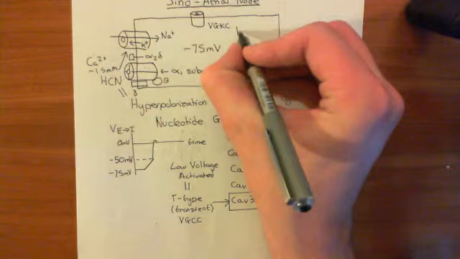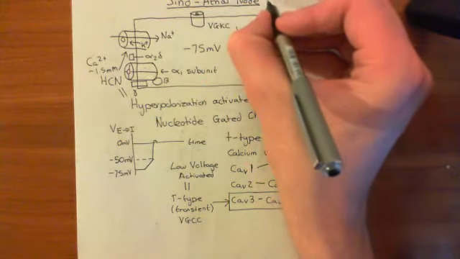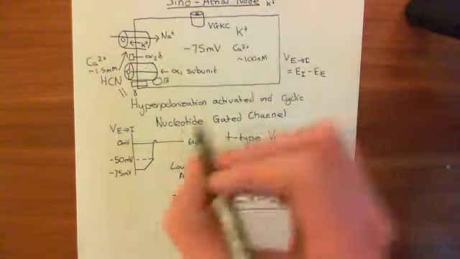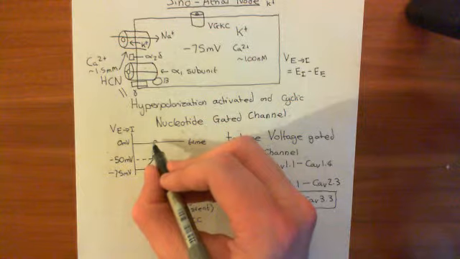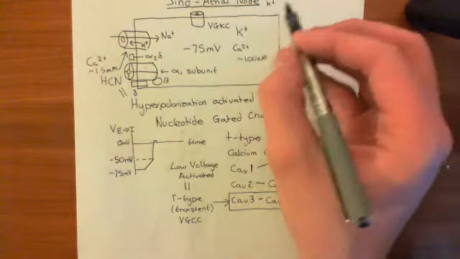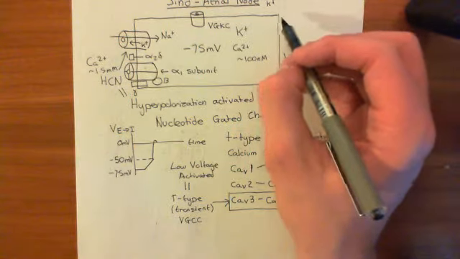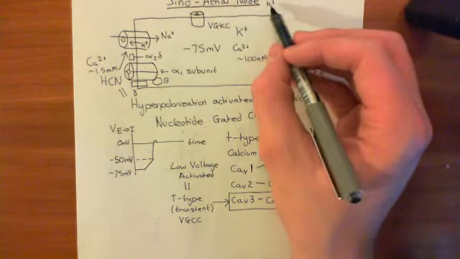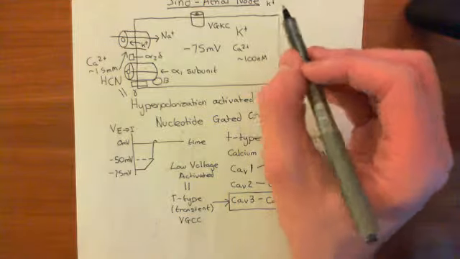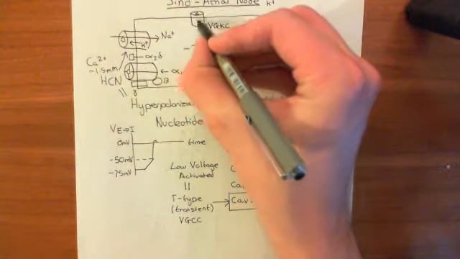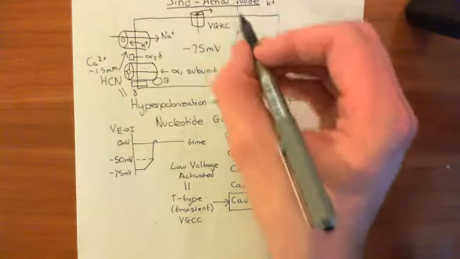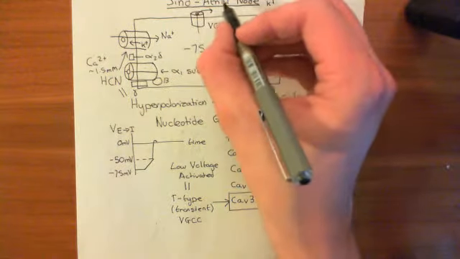So what are these channels going to do? Well, potassium is very high intracellularly and low extracellularly. The electrical potential difference across this membrane is now neutral, i.e. the electrical potential of the extracellular and intracellular compartments are the same. So the concentration gradient favors the movement of potassium out, and it's the only thing to consider. So you get movement of potassium out of this cell, basically. Potassium carries a positive charge, so you move positive charge out of the cell.